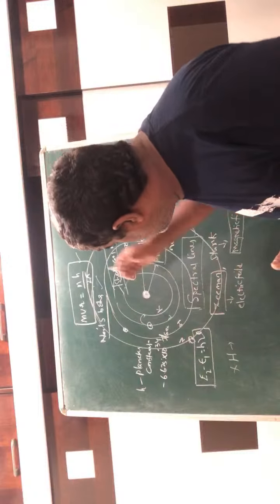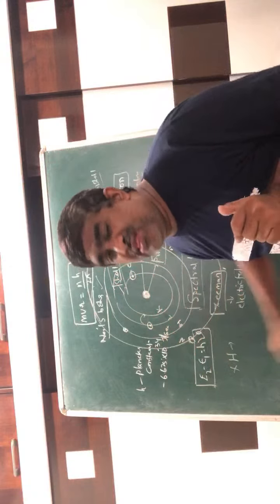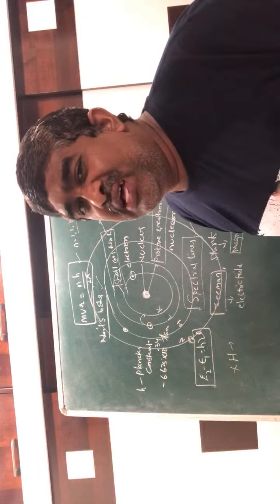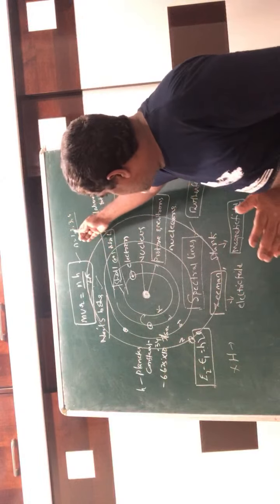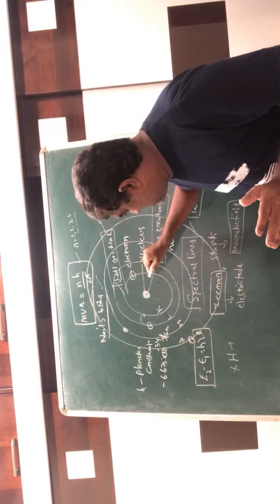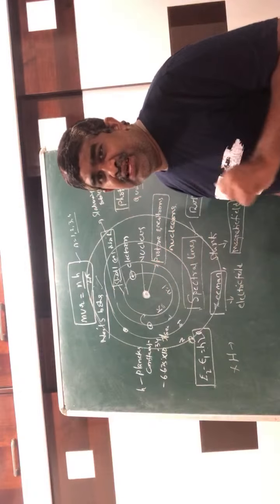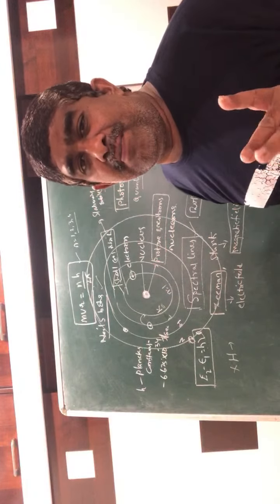The value of h is 6.625 into 10 to the power of minus 34 joule per second, where n takes the values 1, 2, 3. The first shell, n equal to 1, is called the K shell. He denoted each shell as KLMN.